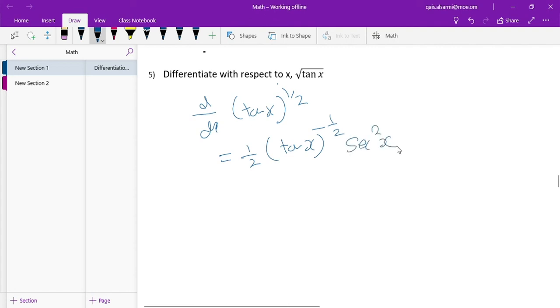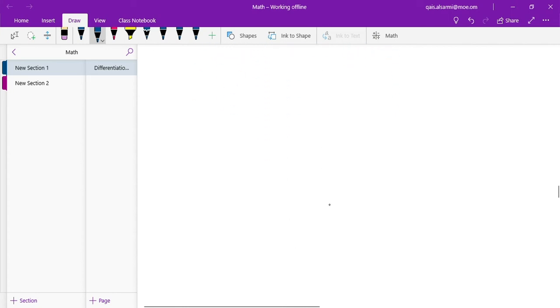It is sec squared x. Are we going to prove this? No. We're going to use it. Why? Because it is not required to prove that the derivative of tan is equal to sec squared. Is it clear now for all of you? What are you going to do? Just rewrite this expression. The power half will be down, the negative power will be down, and sec squared x as it is up. And no need to simplify anymore. Okay. Next question.